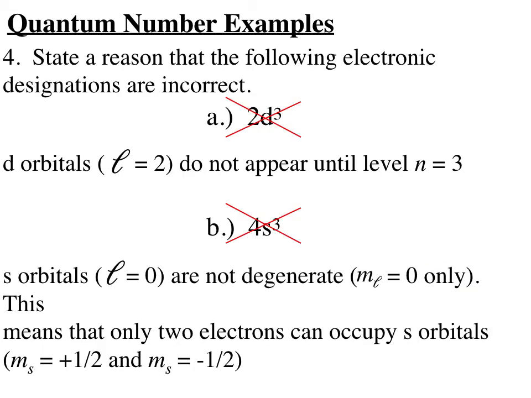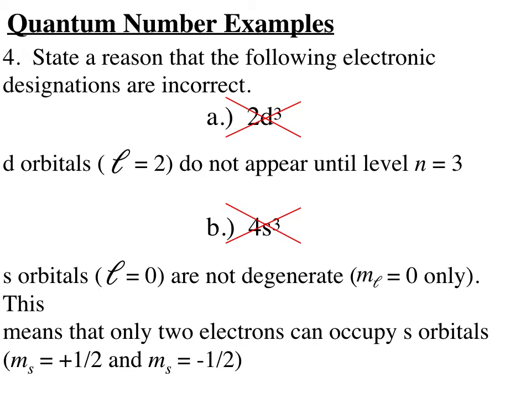Question 4 here asks you to determine what is wrong with these designations. Something is incorrect with the designation for A, 2D3. So let's try to figure out what could possibly be wrong with the orbital designation 2D3.